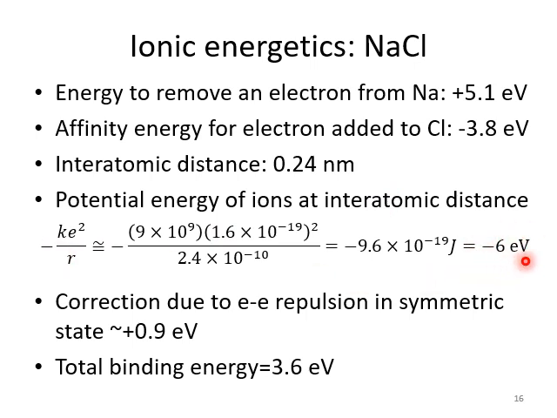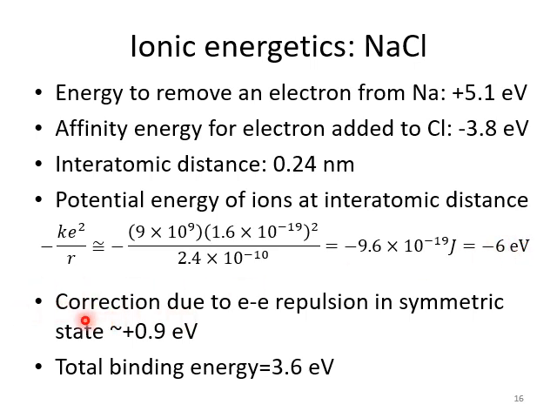So now we know these three considerations, sodium chloride will be a tightly bound molecule. It costs 1.3 electron volts to separate the charge, but then I get 6 back. So the binding energy for sodium chloride, according to this, would be around 4.5.